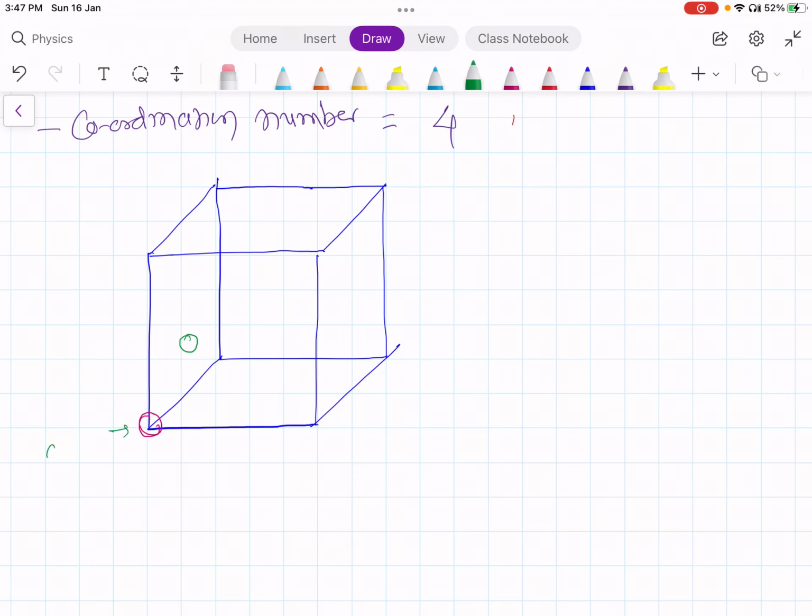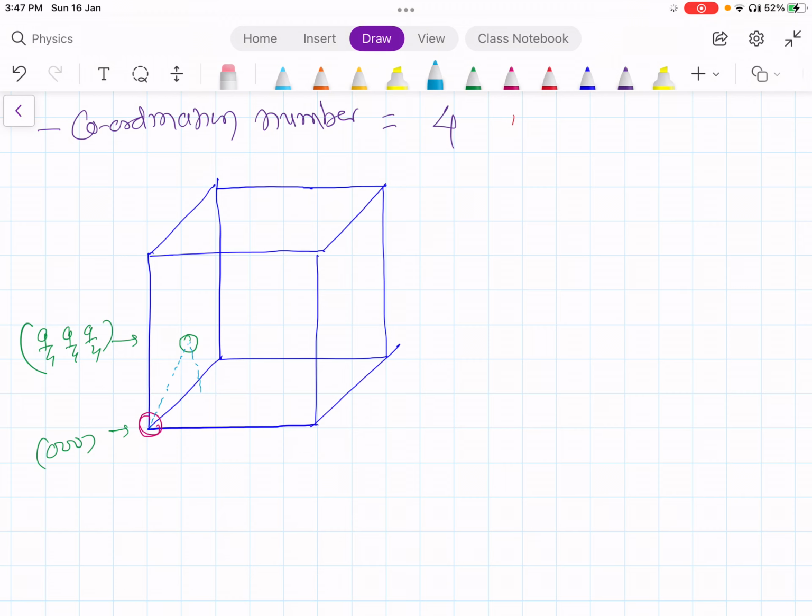As I said, the coordinate of this one is 0, 0, 0, and the coordinate of this is a/4, a/4, a/4. What we have to find is the distance between them, where these two atoms are in contact with each other.